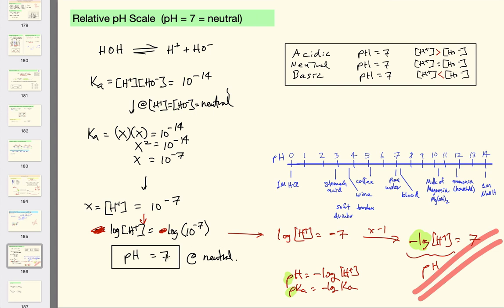So pH 7 means it's 10 to the minus 7. Very, very small, but very, very significant. And finally, we looked at some examples of common materials and what the approximate pH is for those materials. And with that, that's where we closed out the lecture. We will pick it up there in lecture 14.2.